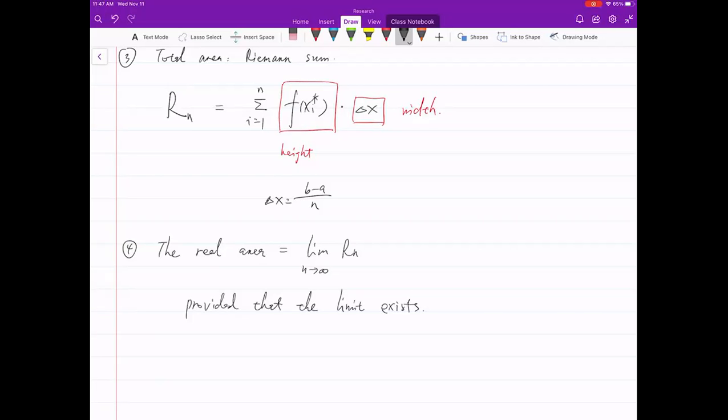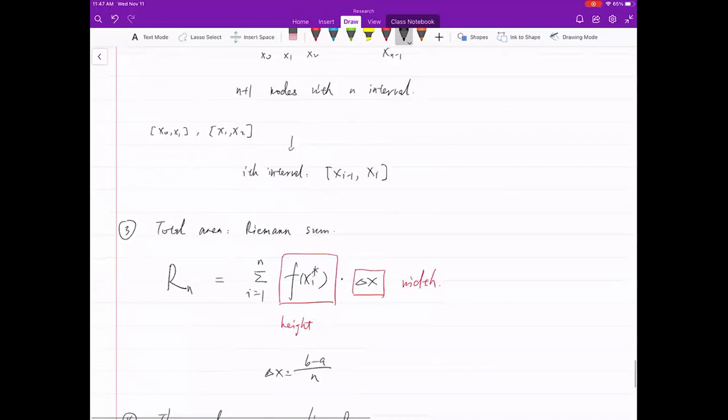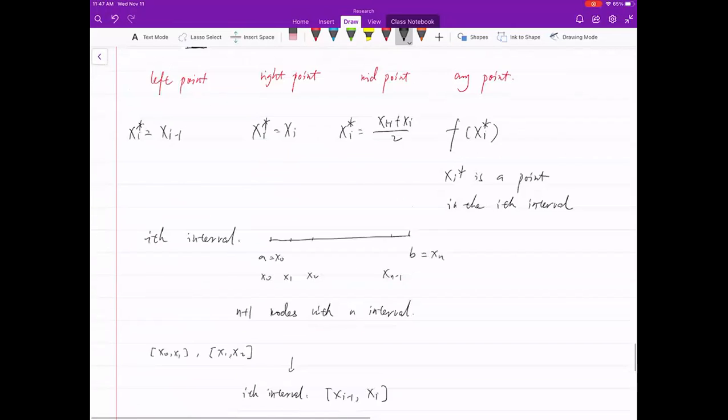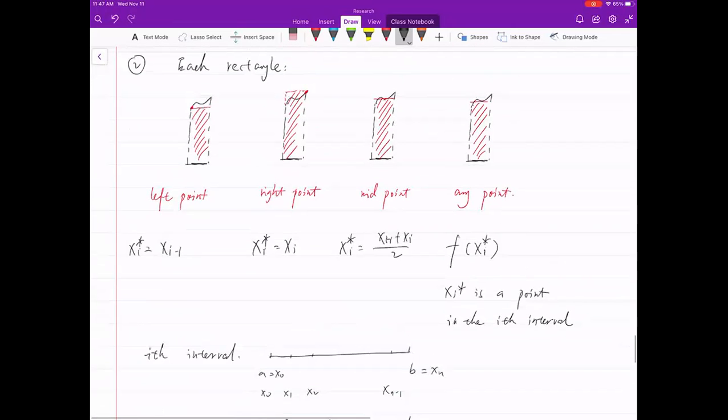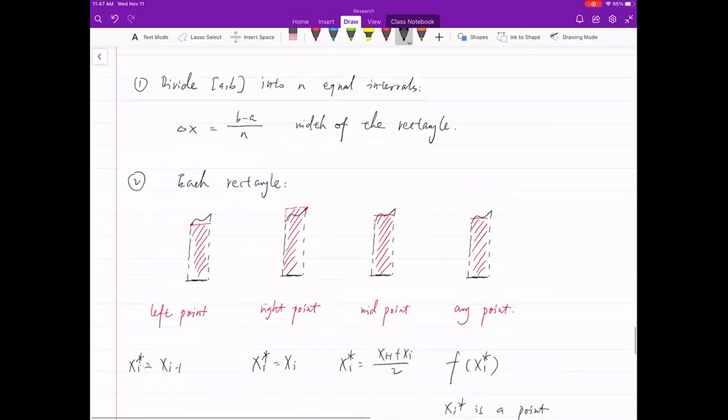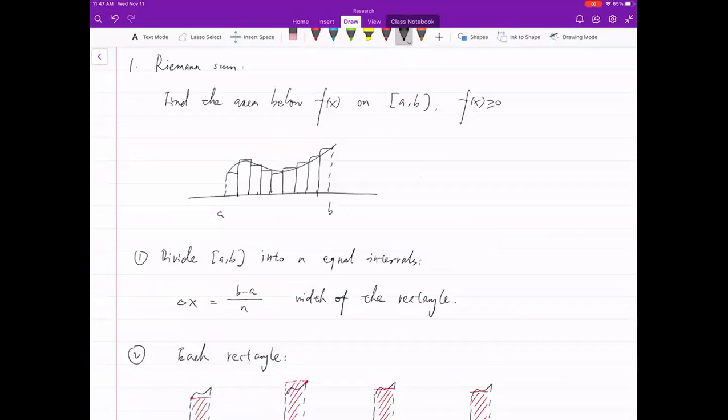Sounds good? For simplicity, for writing things down, we pick a lot of things. Number one, we pick every interval to be equal. In real life, it doesn't have to be. You can pick someone to be wider, someone to be narrower. Eventually, when you take the limit, it doesn't matter because you have infinitely many. Now we use the same way to pick the sample points on each interval, but you don't have to. On the first rectangle, you can pick the left.